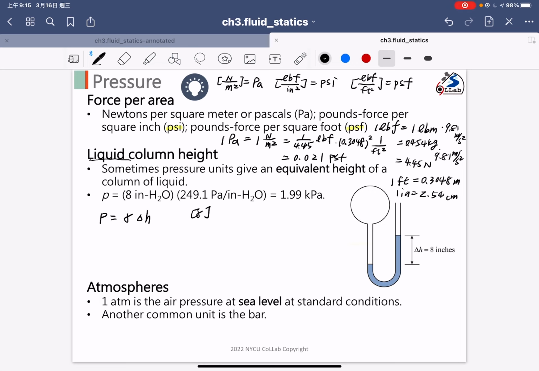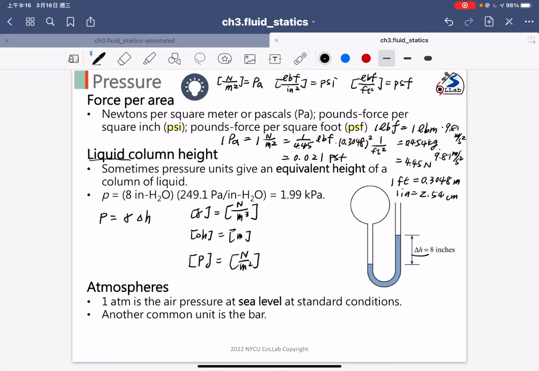The gamma dimension is Newton per meter cubed, right? And delta H is the liquid height, like the delta H showing here, so the unit is meter. If you multiply the two parameters together, we have the pressure unit. The pressure unit is Newton per meter squared, right? So the unit is consistent.